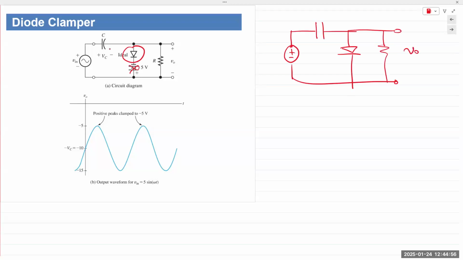V out. What happens in the positive half cycle to the diode? Positive half cycle circuit looks like this. Diode is a short circuit, right? V out is equal to 0.